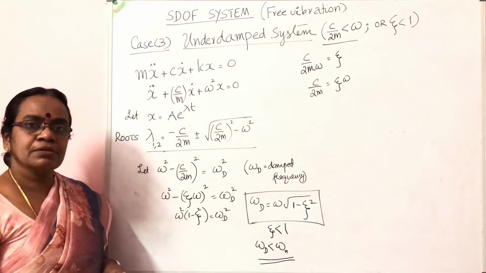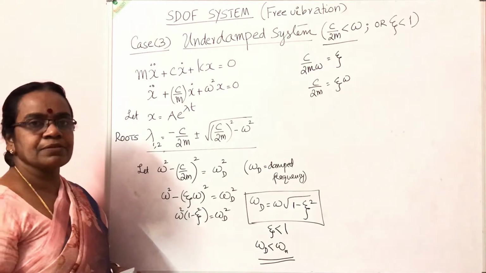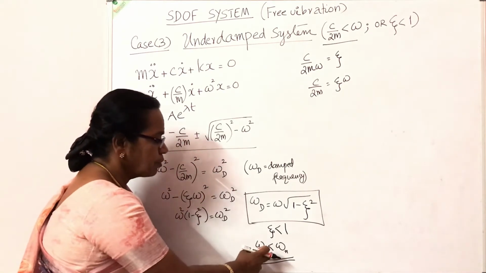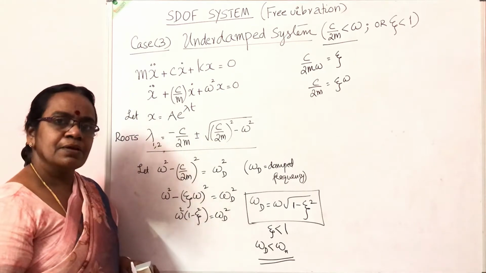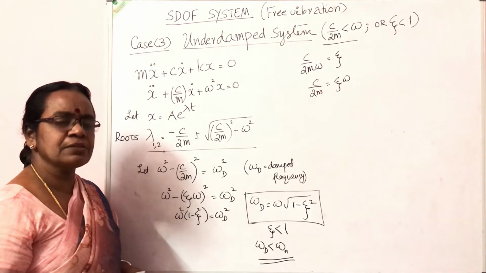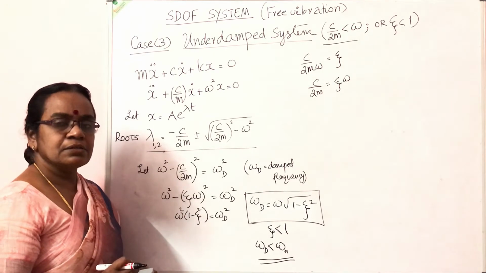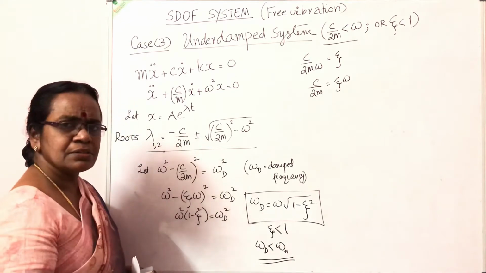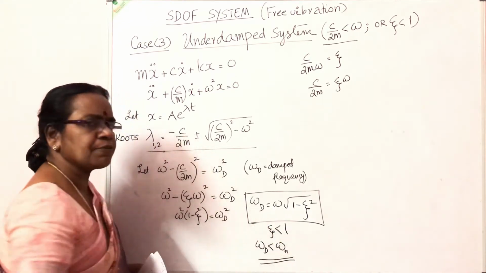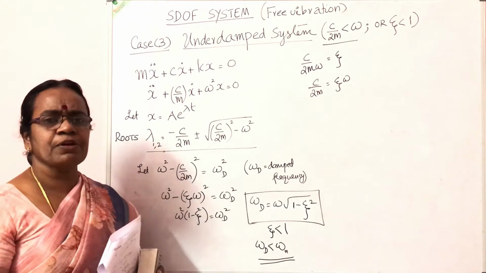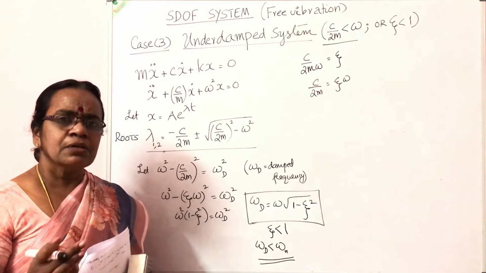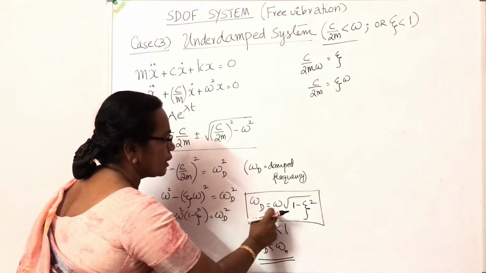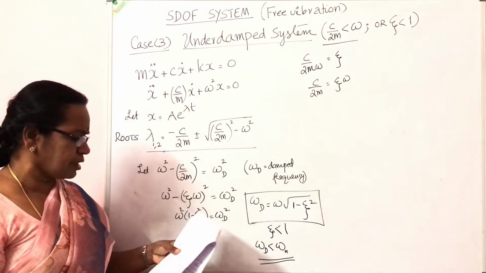A system with some amount of damping has a frequency slightly less than the natural frequency of the system without any damping. Normally psi is a very small value, so even if we take the damped frequency equal to the natural frequency, it doesn't matter at all. So the damped frequency is omega d equal to omega times the root of 1 minus psi square.